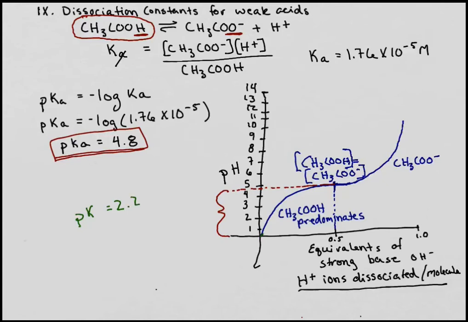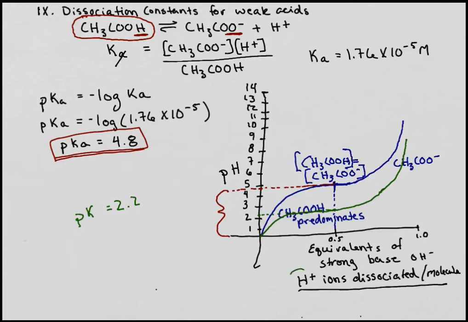Let's pretend its inflection or midpoint will occur at 2.2. So as we add equivalence of strong base, and we hit the midpoint, that resists the pH change, and then as we add the full equivalence, it completely titrates off that acidic proton.